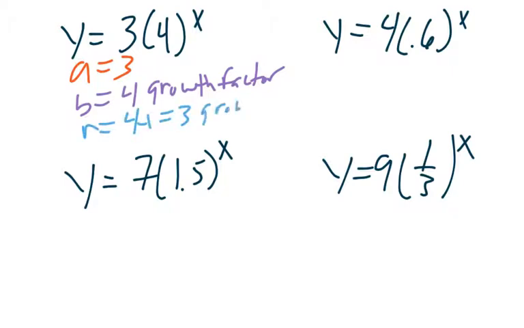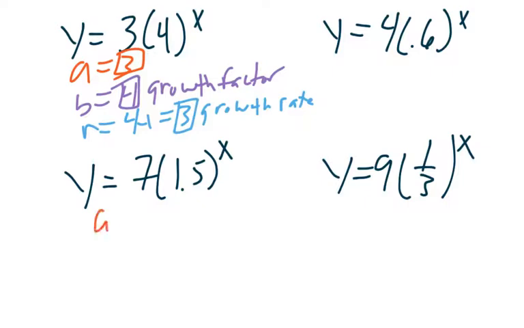And that's our growth rate. So we have an a value, or initial, or y-intercept of 3. Our b value, or growth factor, is 4. And our growth rate is 3.